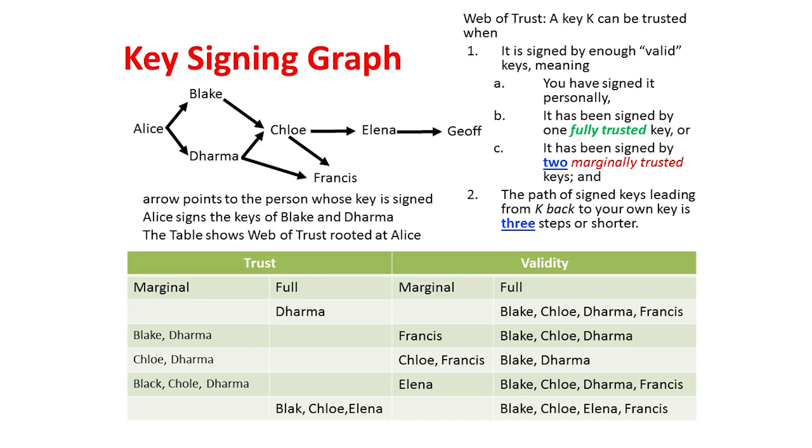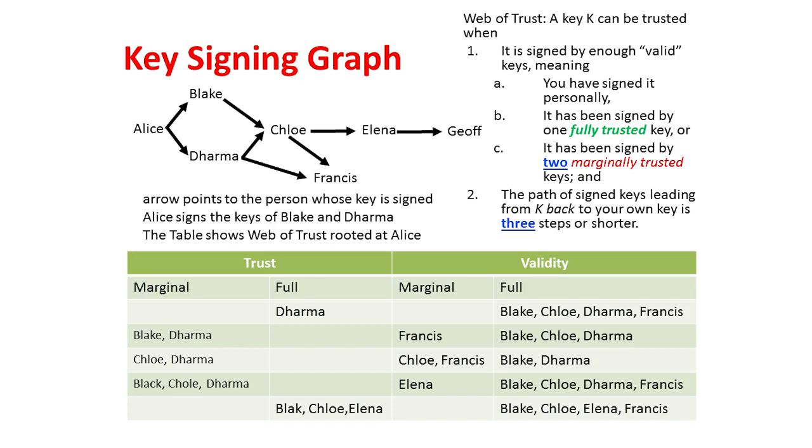The end of the arrow is the signer. The tip of the arrow points to the owner of the key being signed. For example, on the left-hand side, Alice signed the keys of Blake on the top and Dahmer. Blake signed the key of Chloe. So did Dahmer, and so on.